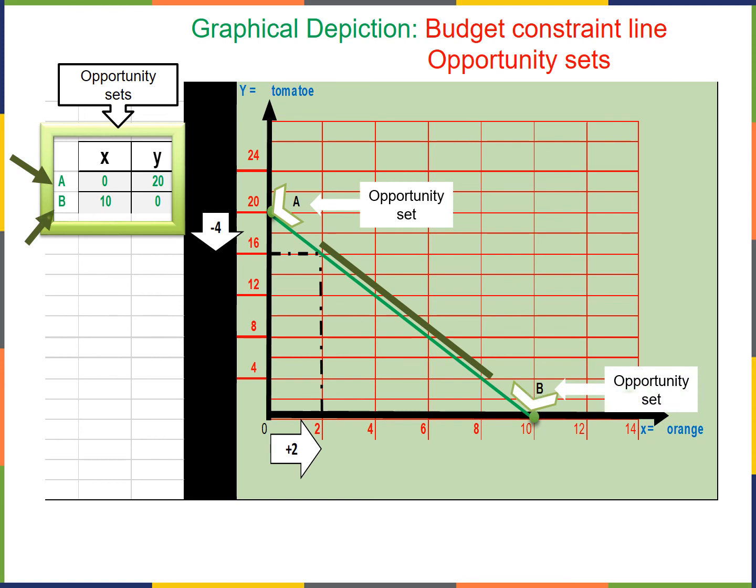B, the other opportunity set, which is 10 oranges and 0 tomatoes, is represented right there on our graph. And that is the second opportunity set. With those two opportunity sets represented on our graph, we can now join both A and B, and that gives us our budget constraint.